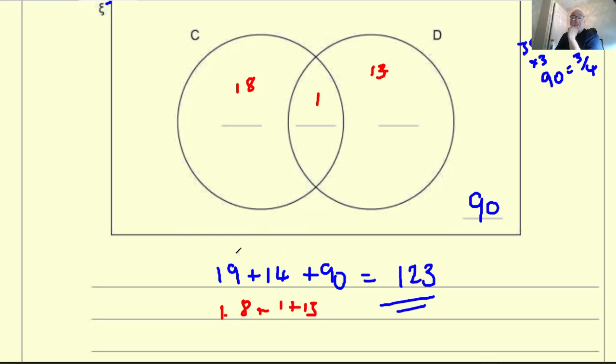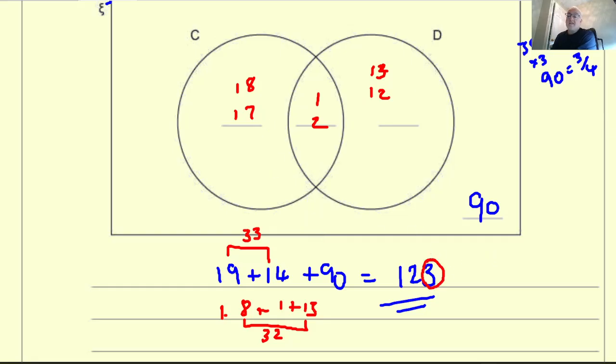Okay, so this bit equaled 33. This section equals 32. So I've lost one of those people. Okay, if it was 17 and 12, that's going to give me 17, 27, 29, 31. I've lost two of those people, and I'm 3 people over.